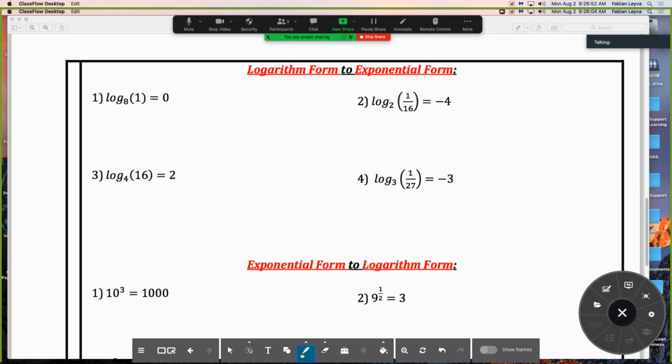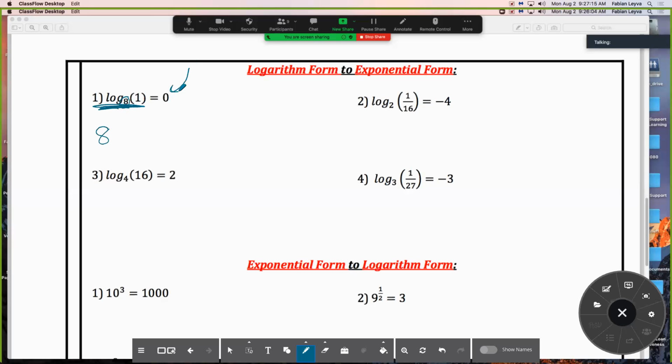You just write them a little bit differently. Now, this is the way I like to think about them. If I read this as log base 8 of 1 is equal to 0, well, I know what my base is of this fancy exponent that's rewritten here in this log. And the exponent is always going to start with my base. My base in this situation is 8. Now notice that your log in general is an exponent.